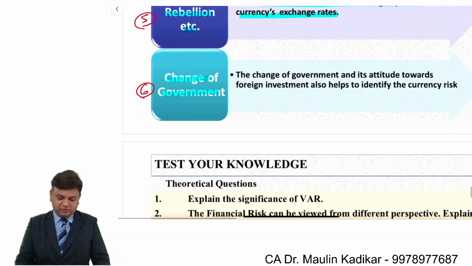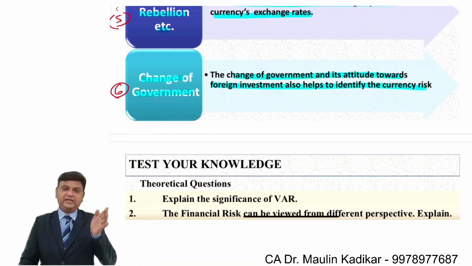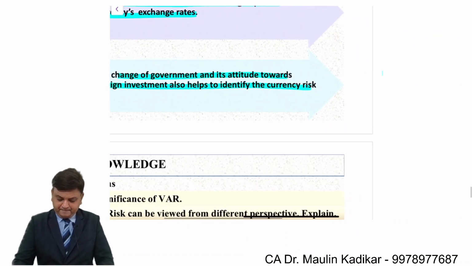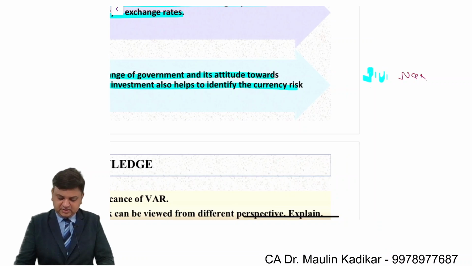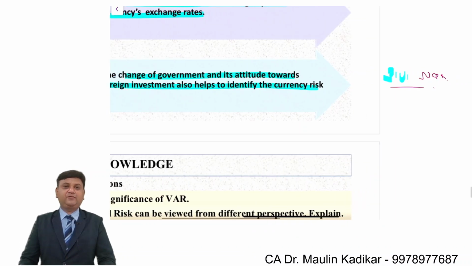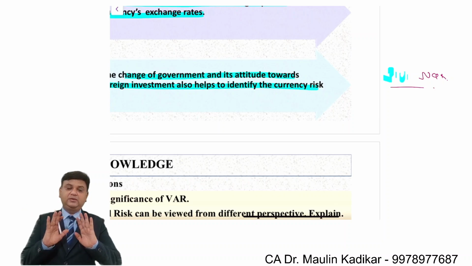Change in the government is of course going to be there. Change in the government and its attitude towards foreign investors also helps to identify the currency risk. We know that from 1991 to 1995, when P.V. Narasimha Rao was Prime Minister and Dr. Manmohan Singh was Finance Minister, India opened its market to the whole world.